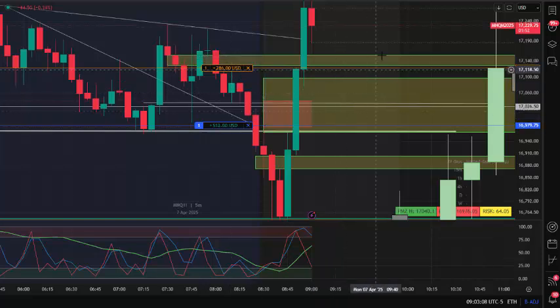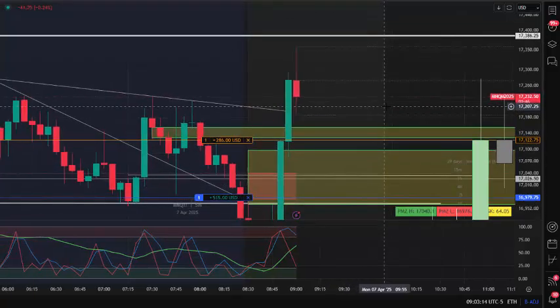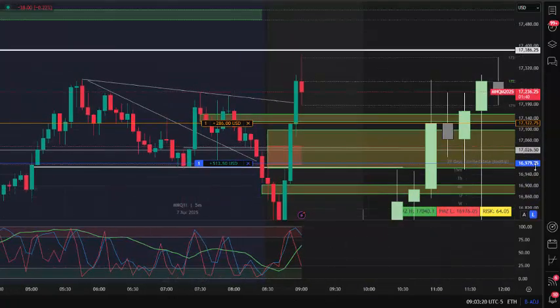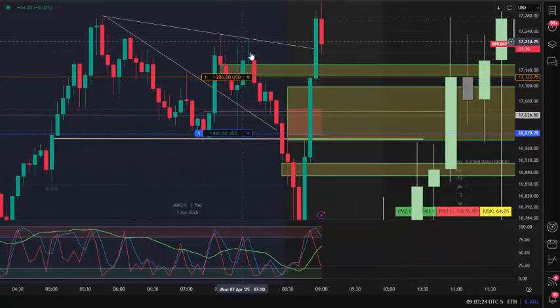Let's see, this candle's almost over, so I almost moved my stop, and I may move it to the bottom of that candle, but I'm thinking we're going to be okay right here where our stop is. And I'm thinking we get a continuation on up.